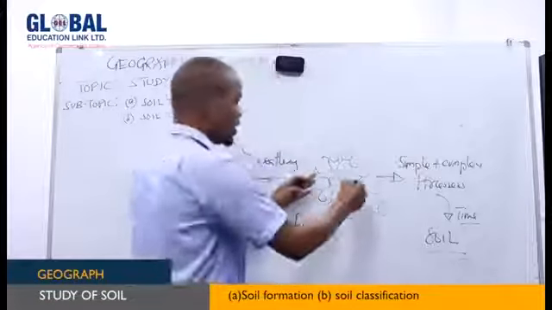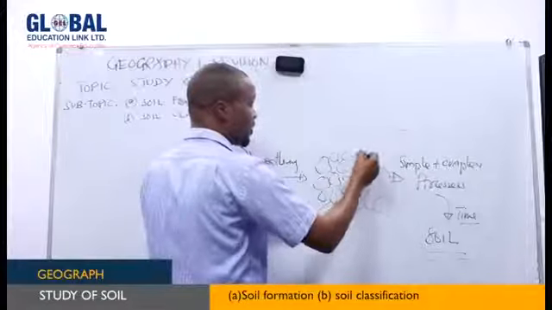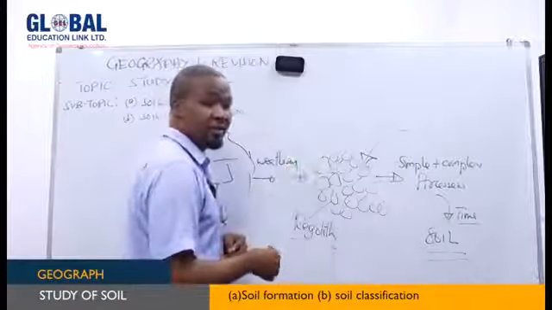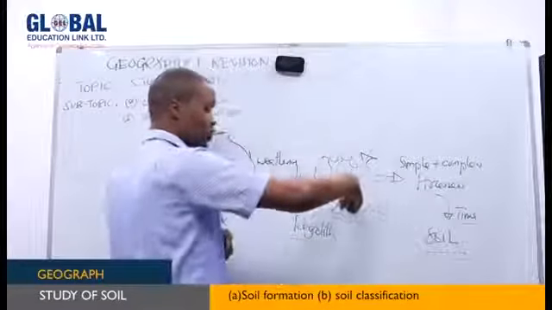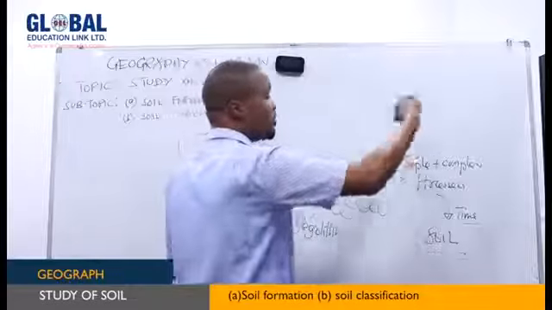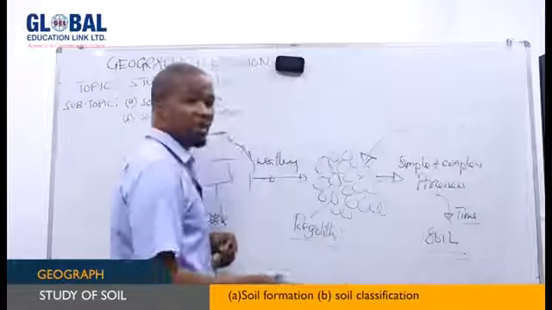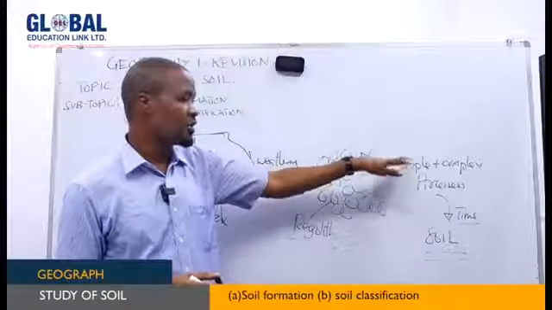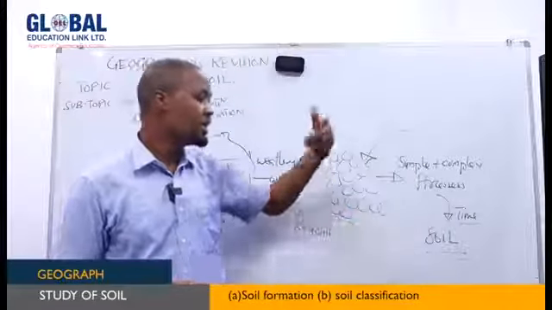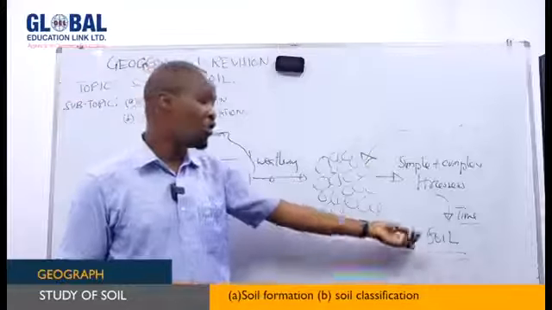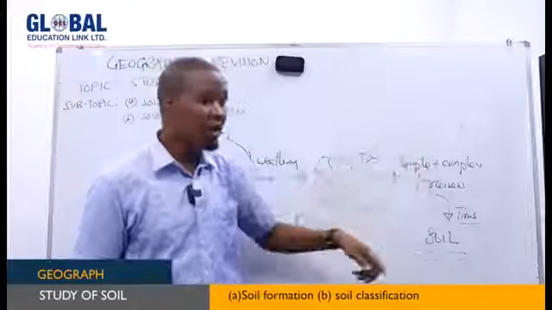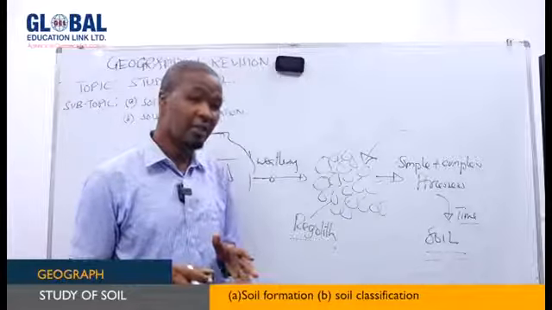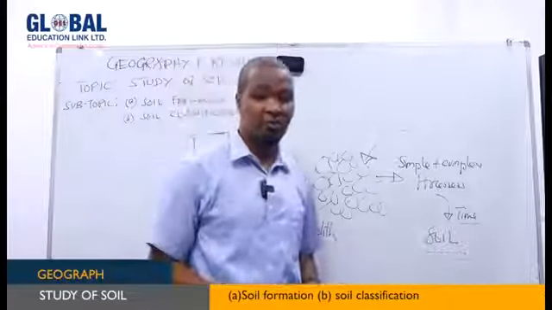It means right now we have, for instance, living organism remains. They are added to this regolith, and then they may form other parts of the soil. That's why after soil undergoes different simple and complex processes, it may take time before it is known as soil. In taking time, there is an addition of different materials.